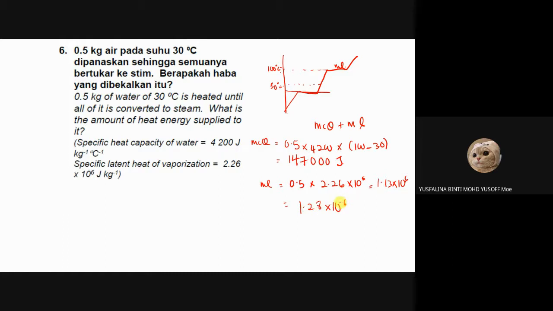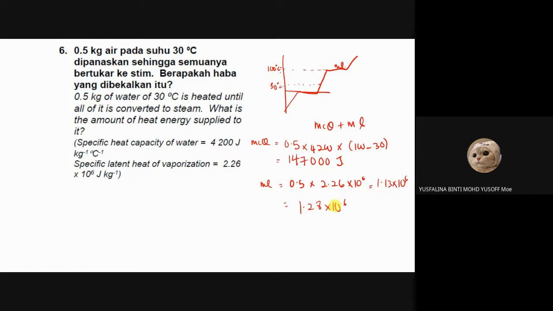Did you round off, Z? Did you round off to two decimal places? Because it should be 1.277, right? So 7 is more than 5, so you have to add 1 to the previous digit.